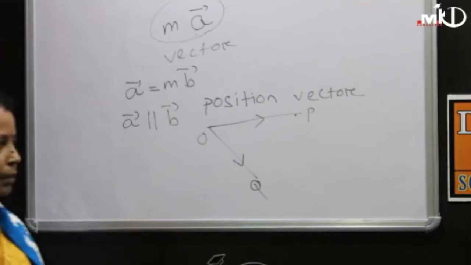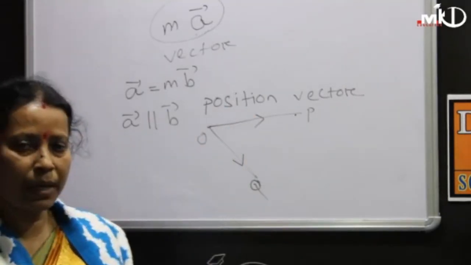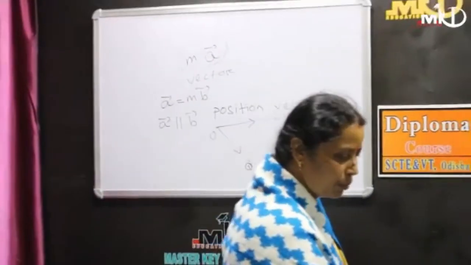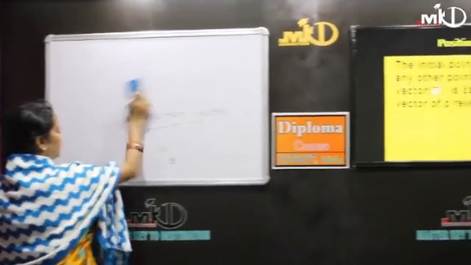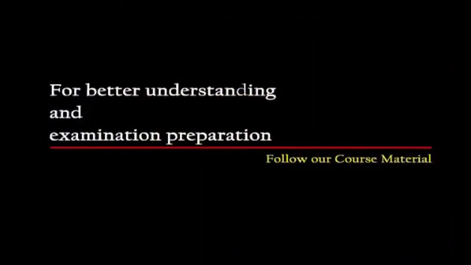Now, by this position vector we can express any vector. Let us see how we express one vector.